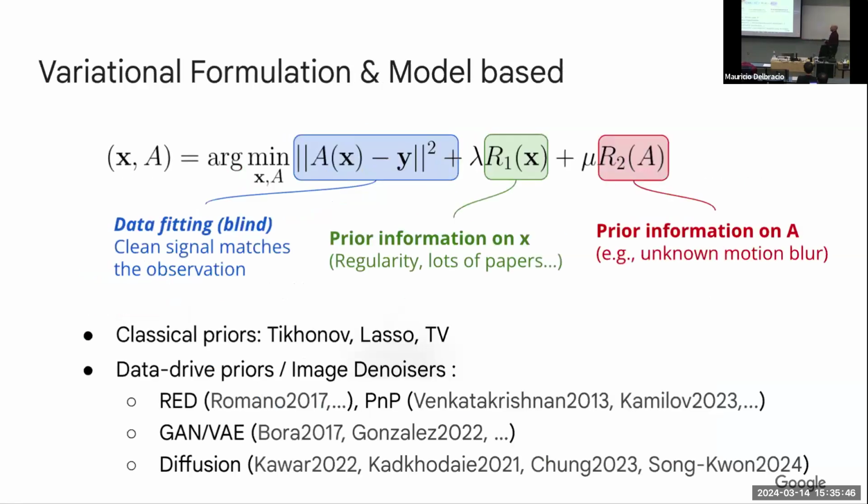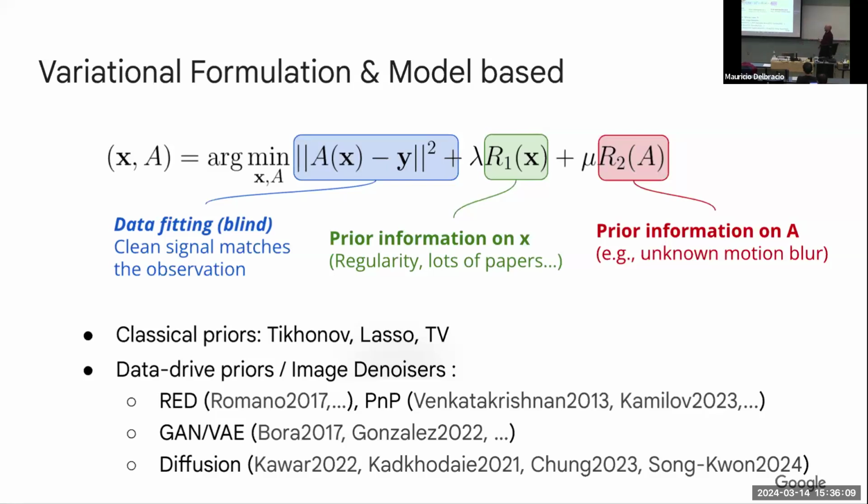So the traditional classical approach to image restoration was formulating it through a variational energy, right? A variational formulation where we try to solve an optimization problem with multiple terms, each of them playing in different contexts.